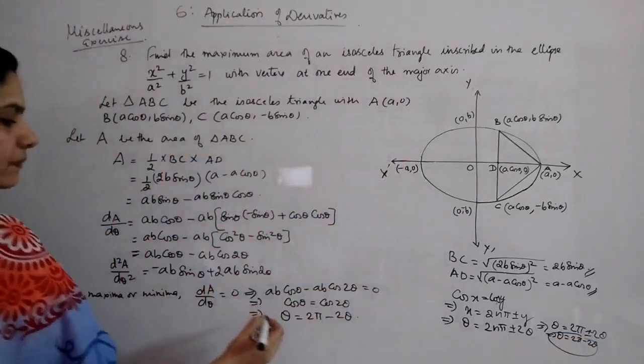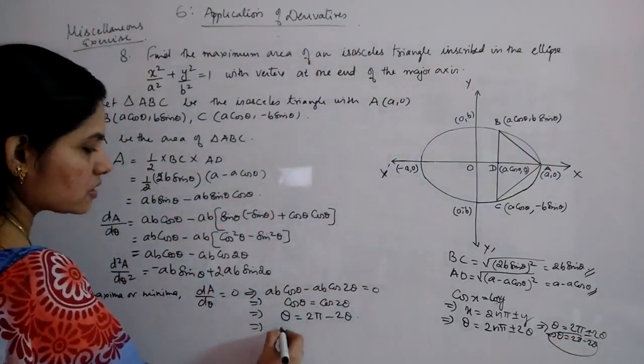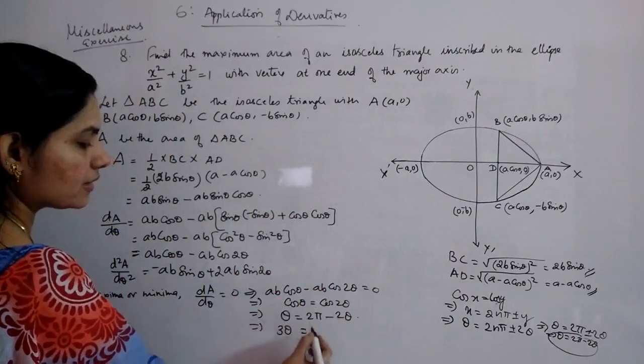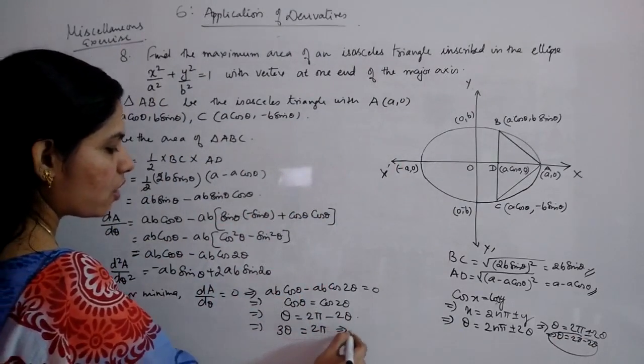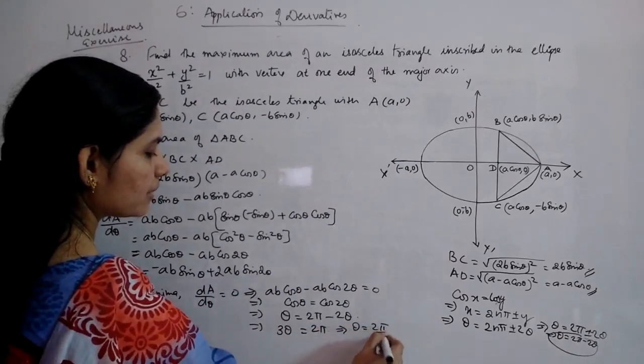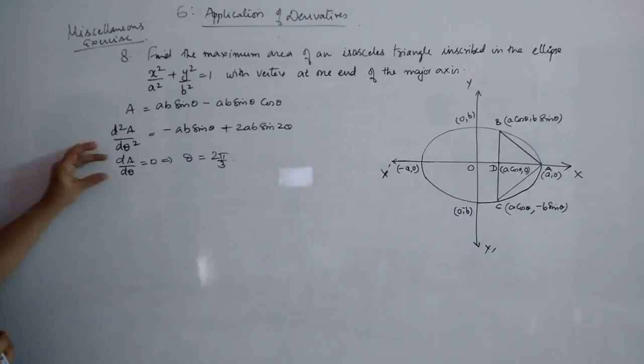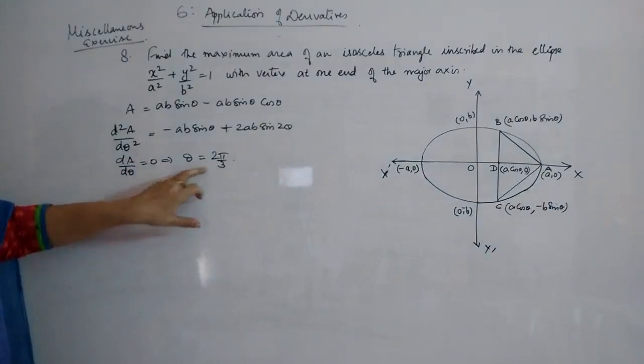Okay. So combining these two, you will get 3 theta is equal to 2 pi, or theta is equal to 2 pi by 3. So this is the critical point. Now we are just checking whether this point is acting as a maxima or a minima.